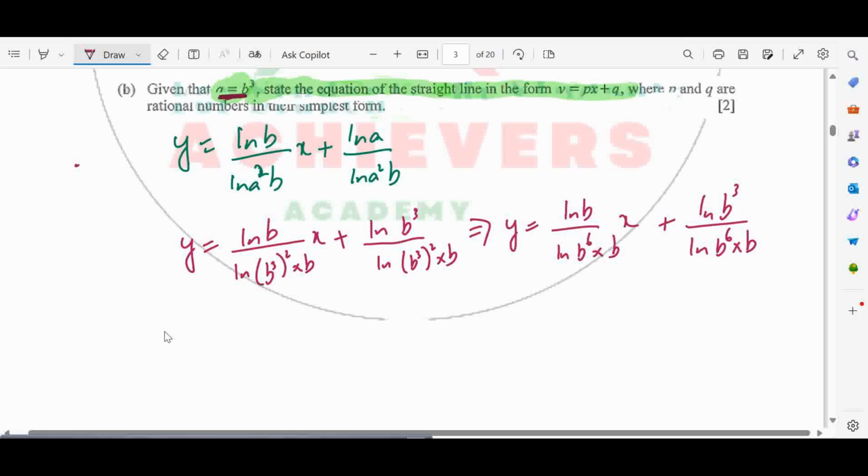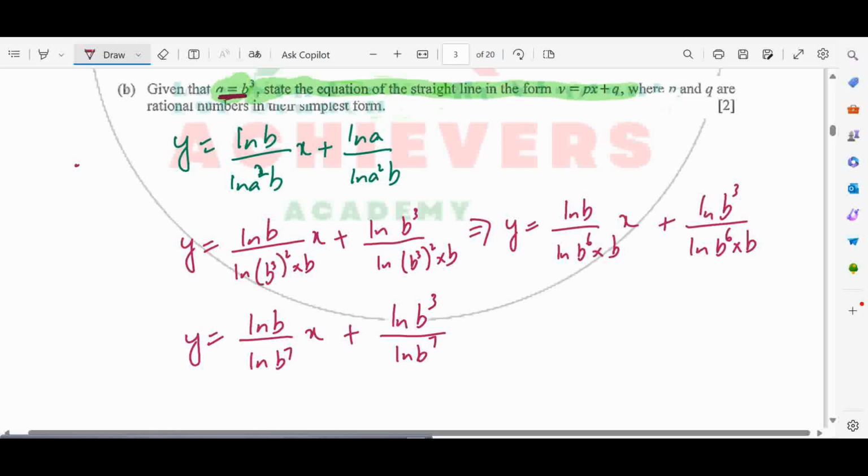So from here we will have y is equal to natural log of b divided by natural log of b power 7, x, plus natural log of b cube divided by natural log of b power 7.